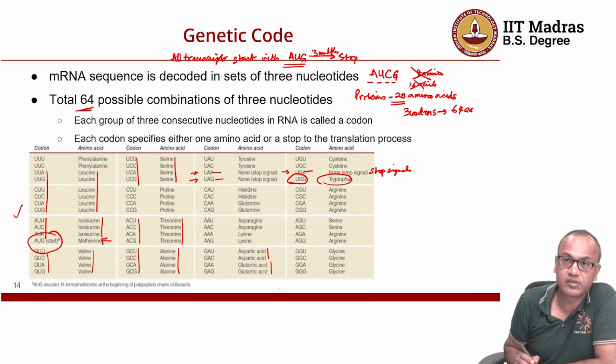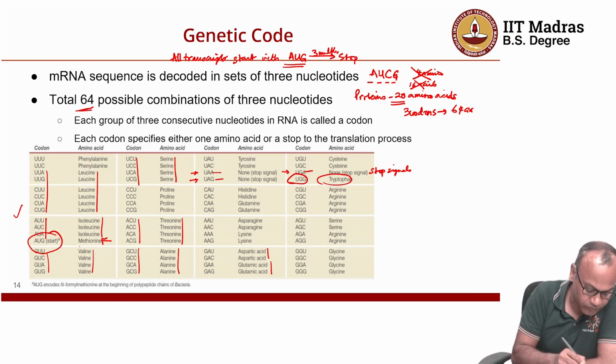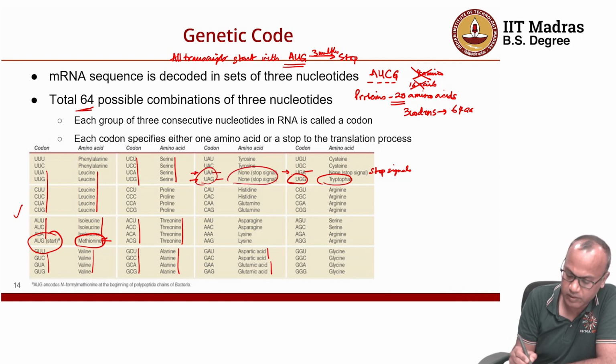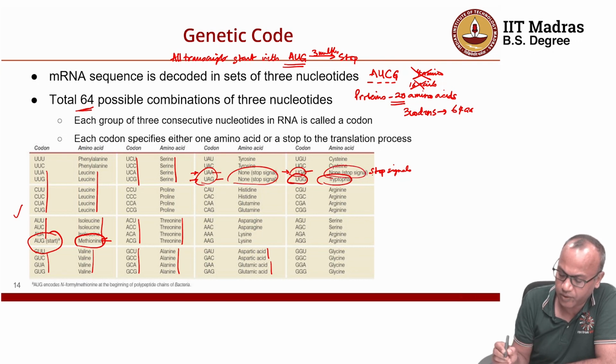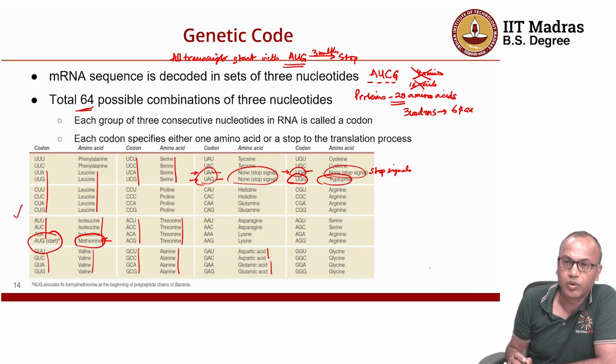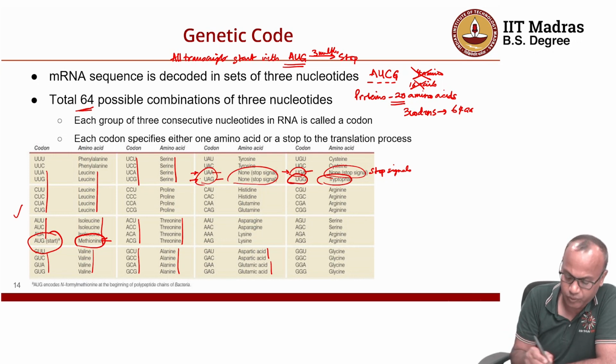All transcripts start with AUG. So therefore, all amino acid sequences or protein sequences start with methionine, and they end with these 3 sequences, which are not encoding for any amino acid, but the sequence of the protein will end 1 amino acid before this stop codon.